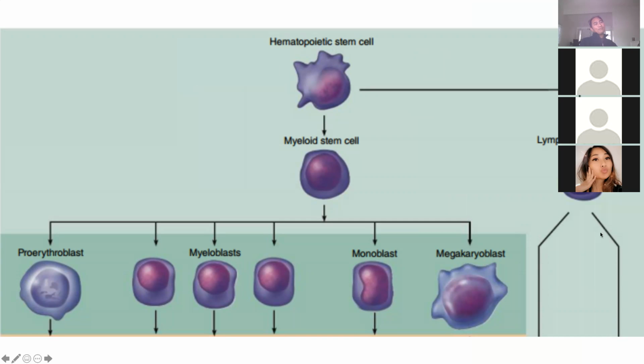The rest of the cells we talked about come from the myeloid stem cell. These include platelets, the other white blood cells excluding lymphocytes, and the RBC.